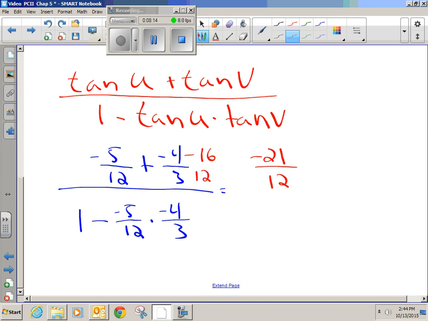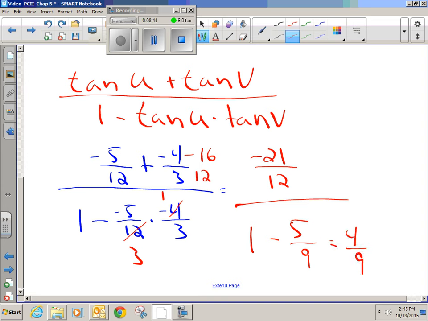I'm going to cancel the 12 with the 4, and I'm going to get 3 and 1. So I have 1 minus, and this becomes a +5/9. So I have 1 minus 5/9 on the bottom, which of course equals 4/9, because 1 is 9/9.